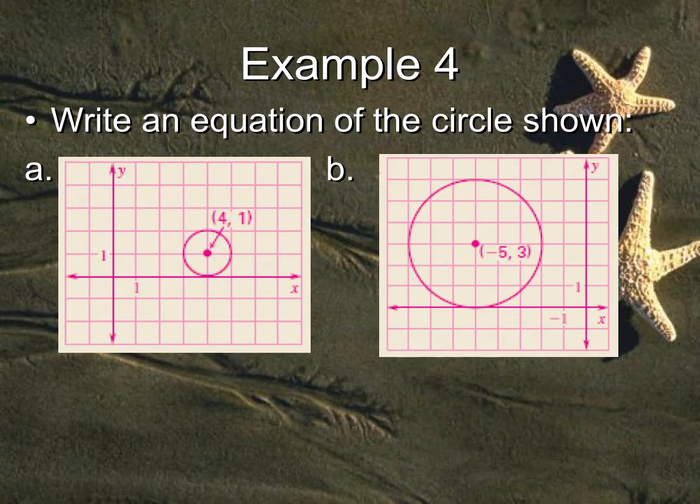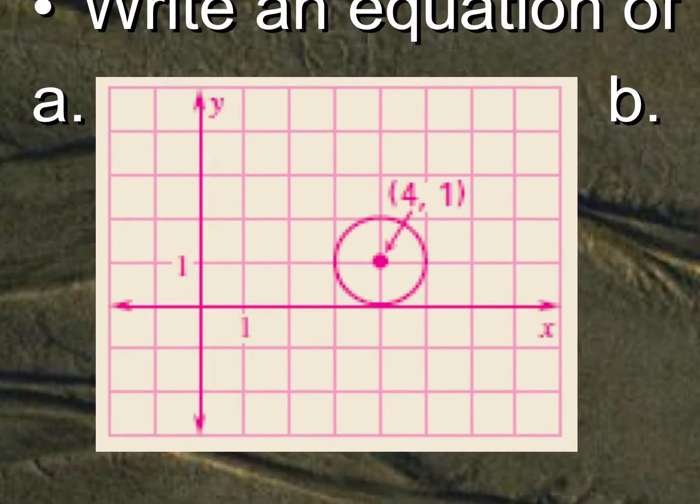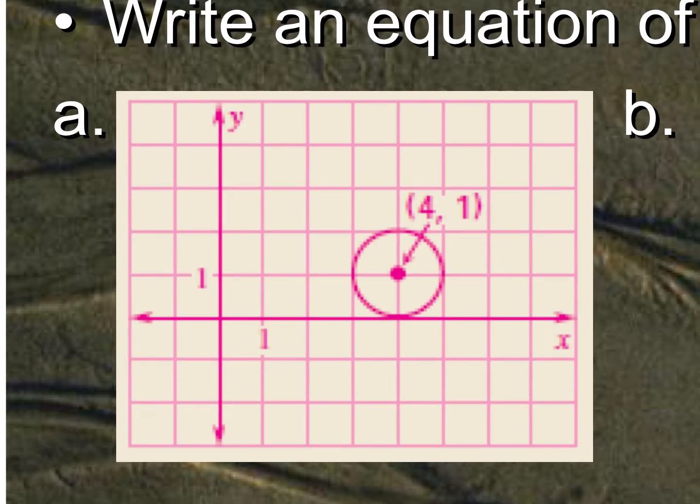So it wants us to write an equation of the circle that is shown. Again, I need to pull out my center point, and I also need to find the radius length. So if I zoom in here to example A, notice my center point here is the ordered pair 4, comma 1.